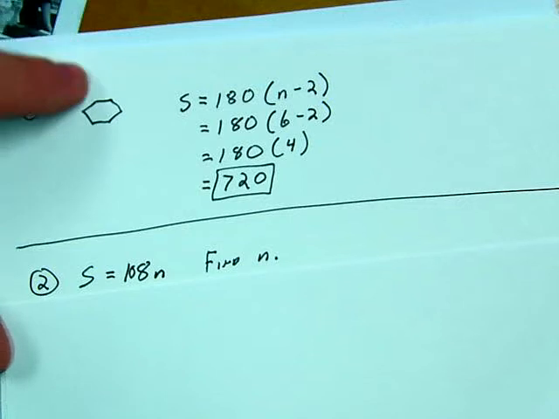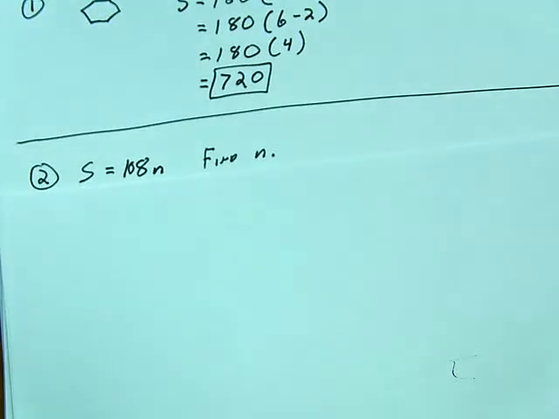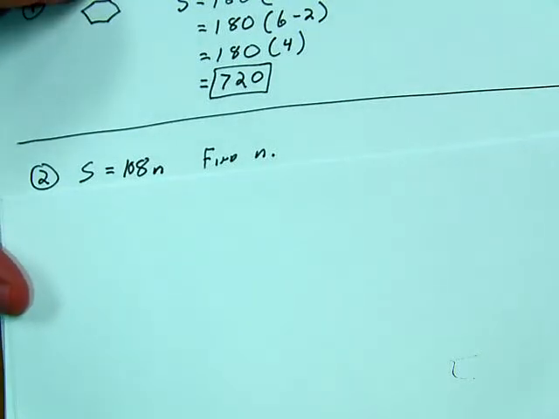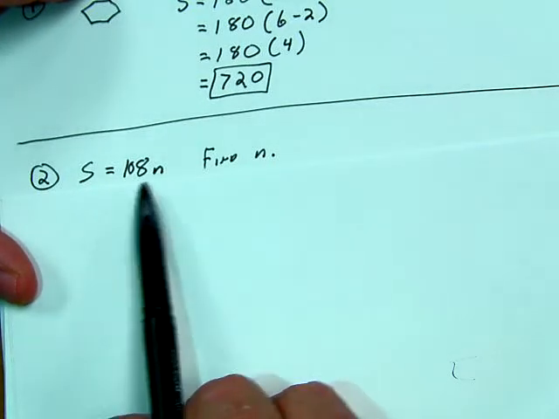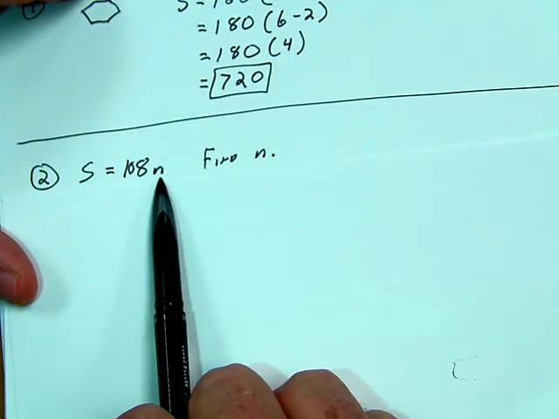Example 2. In example 2, you're given the fact that an interior angle is 108 degrees. Okay? So we need to find how many sides the polygon has.